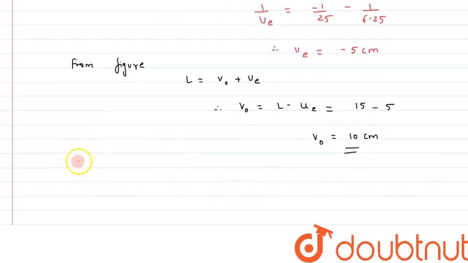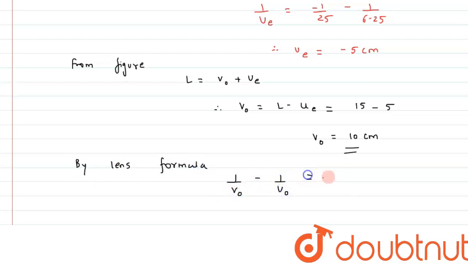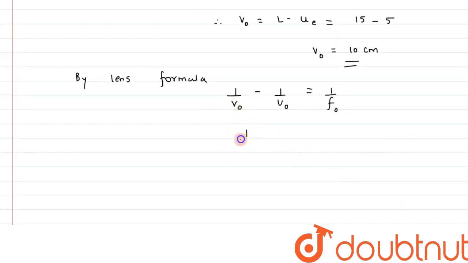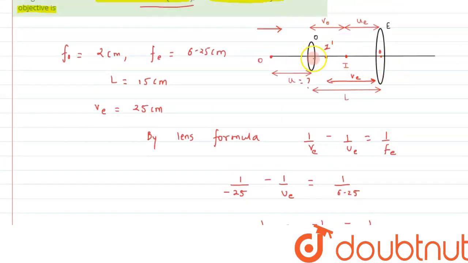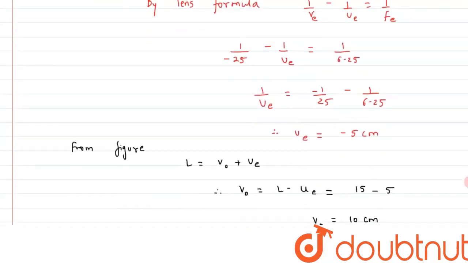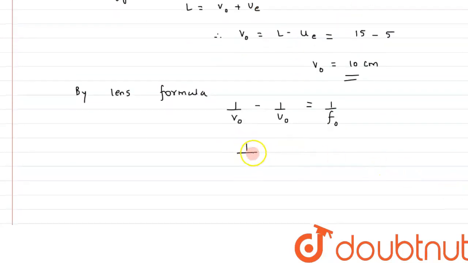So again by the lens formula, we can write 1 over V naught minus 1 over U naught equals 1 over F naught. Now we just have to substitute the values. V naught is in the direction of incident light, so it has to be taken as positive. So we write 1 over 10 minus 1 over U naught equals 1 over F naught.